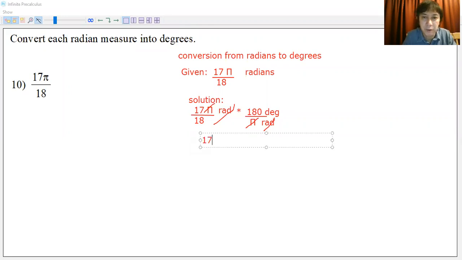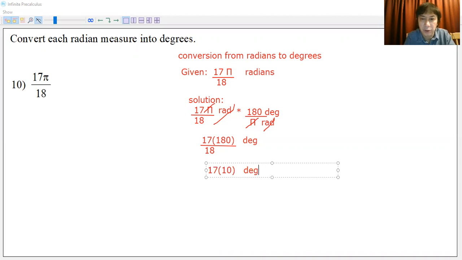We have 17 times 180, now in degrees, over 18 at the denominator. So we only need to simplify. 180 divides by 18, result is 10. So we're going to have 17 times 10, in degrees.